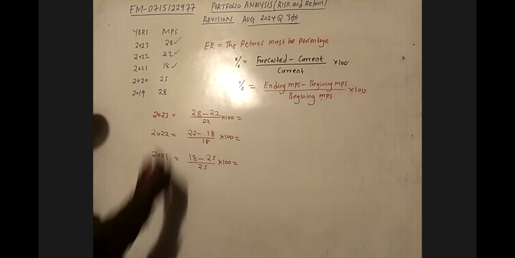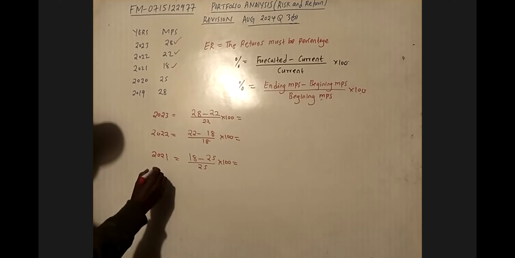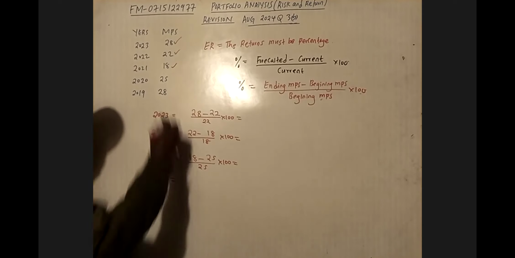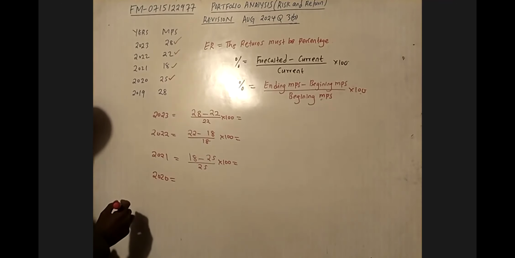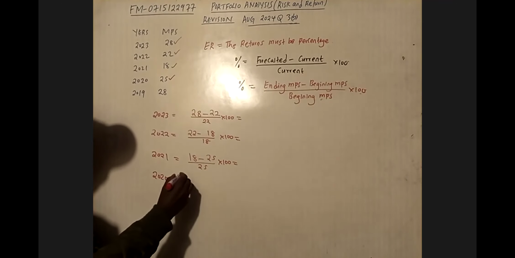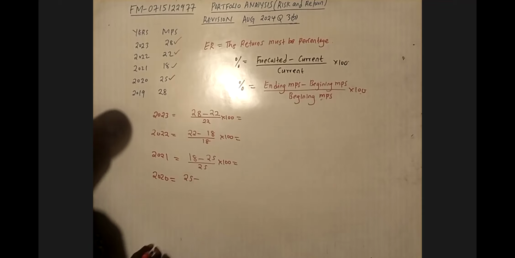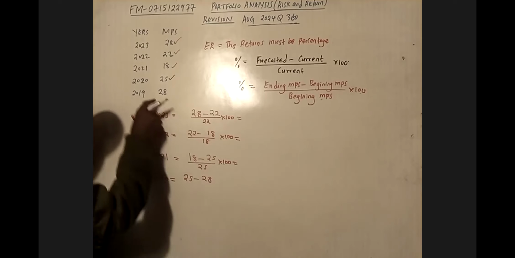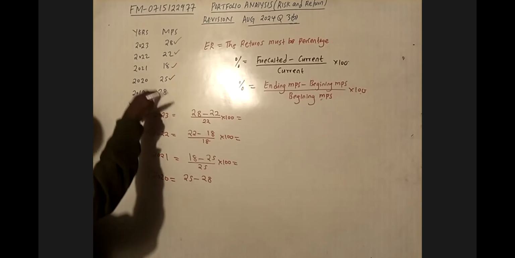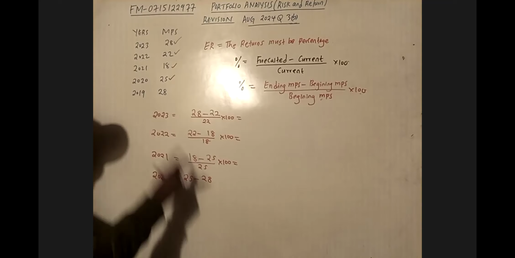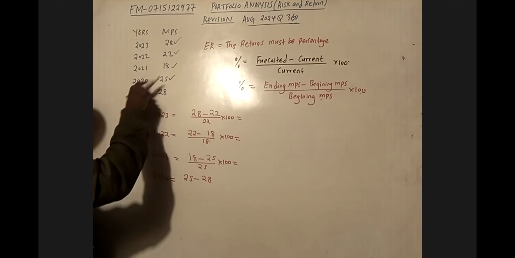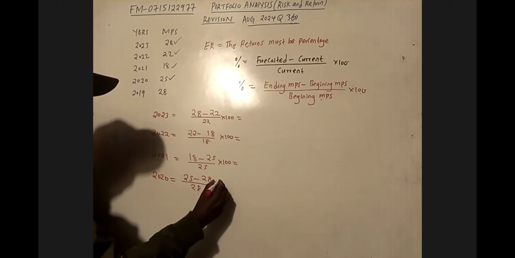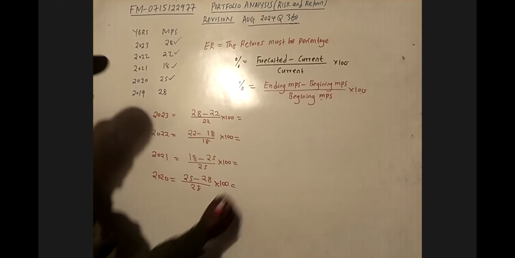For 2020, the ending is 25 and the beginning is 28, so 25 minus 28 divided by 28 times 100.